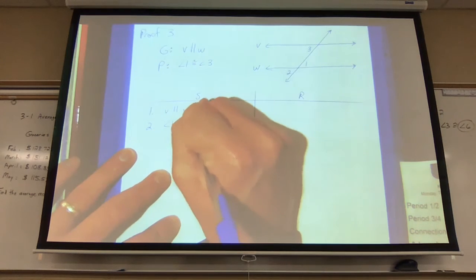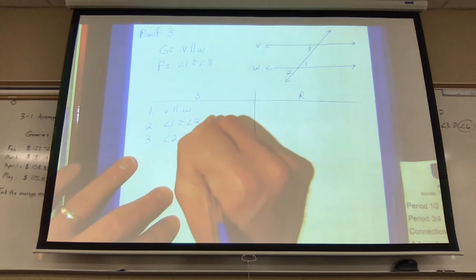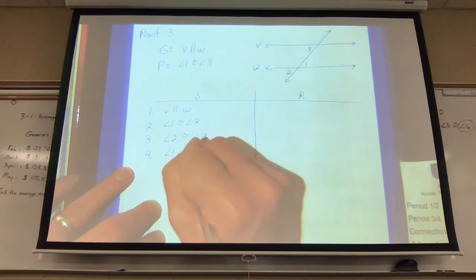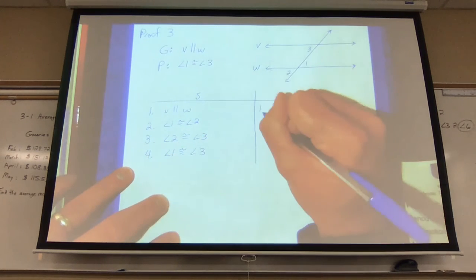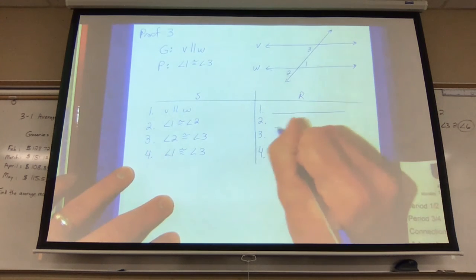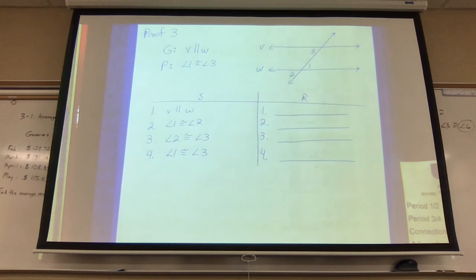We're going to give you the 4 statements, and we're going to fill in the reasons. This is the way it's going to look on your chapter 3 test when we get to the chapter 3 test next time you come to class.